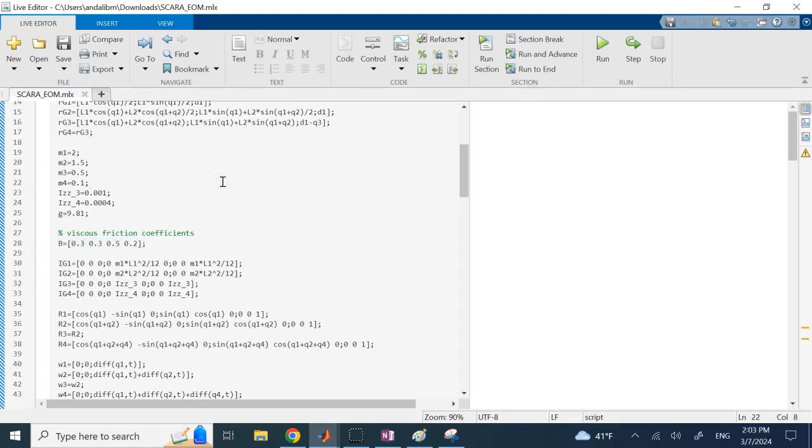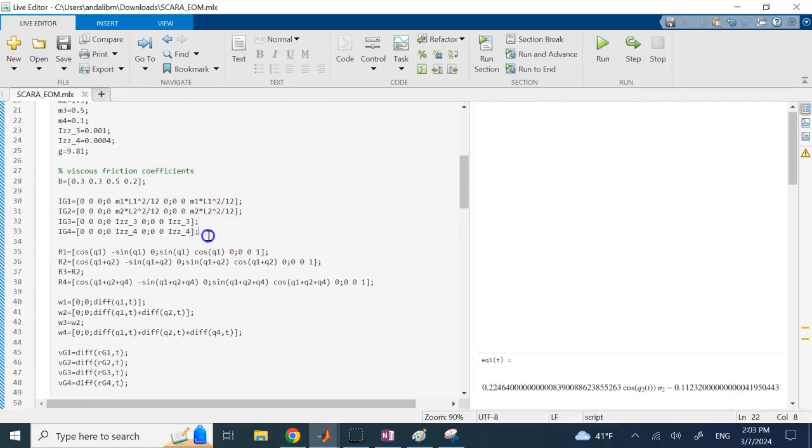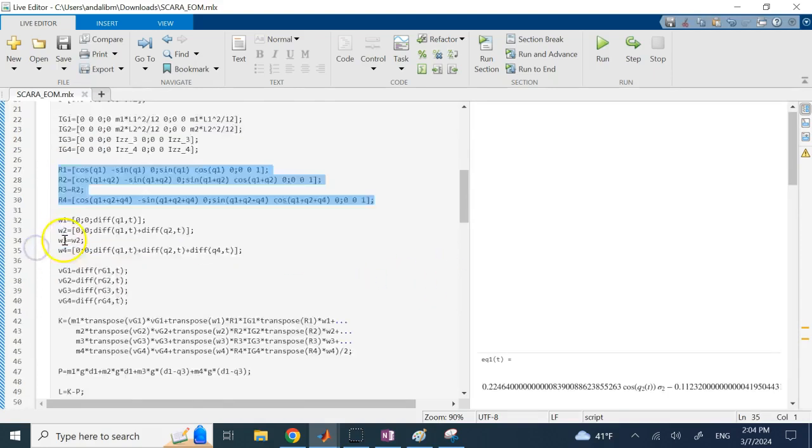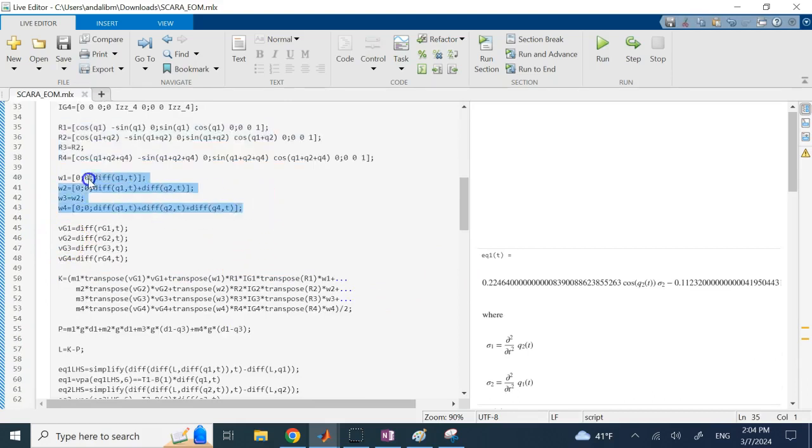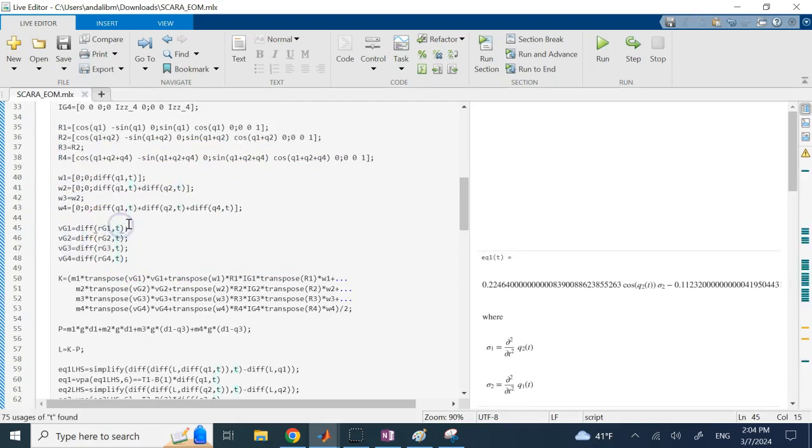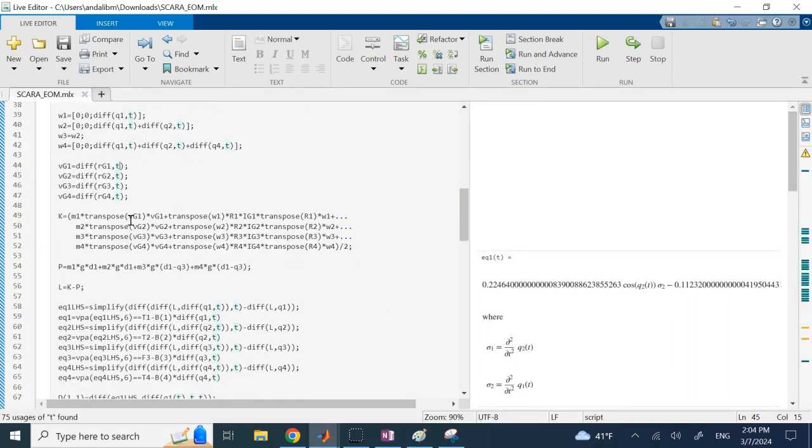Okay, I did not even use all of them. Here are my inertia matrices. These are my rotation matrices, the same way I defined them. These are my omegas. The V's, you see, they are the time derivative of the R's with respect to time.